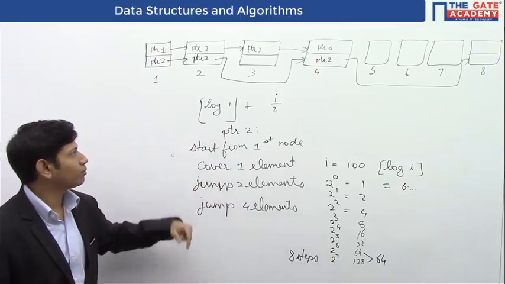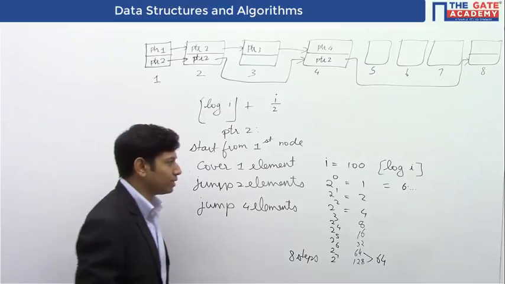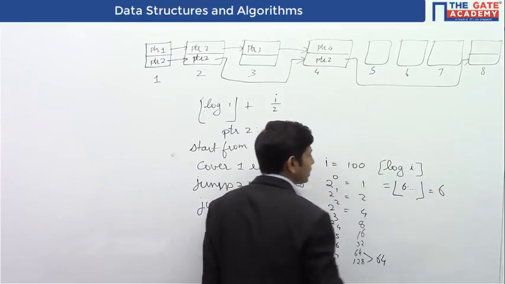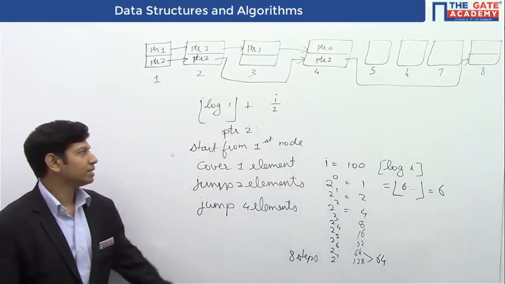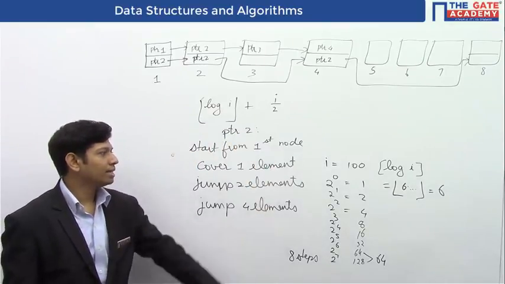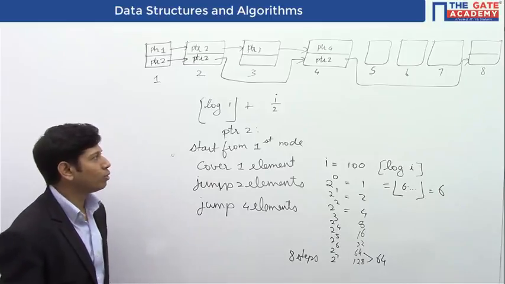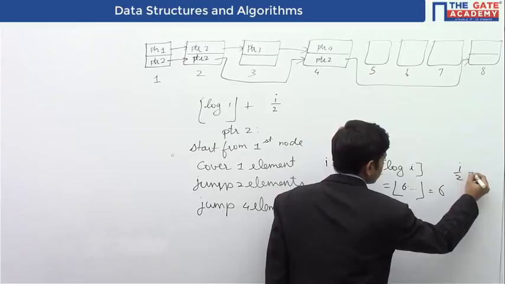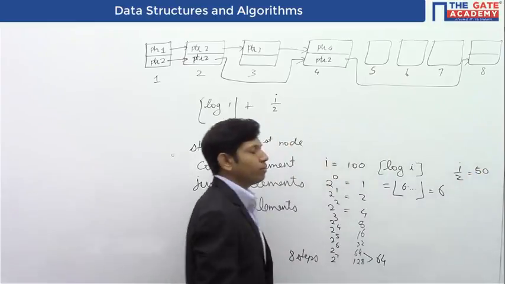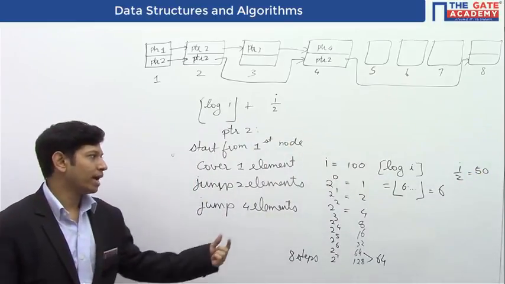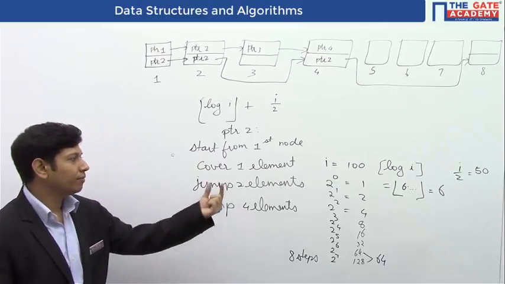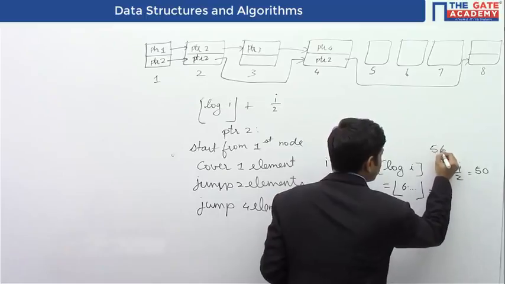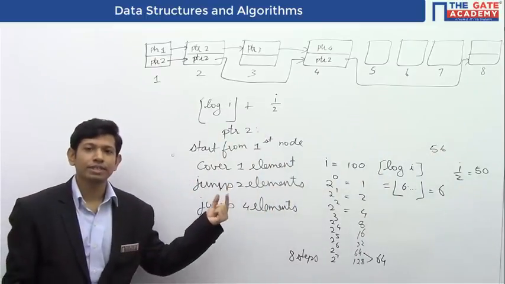They are saying that we have to take the floor value of 6 point something, so it will be equal to 6. Next thing that we have is I by 2. I is 100, so I by 2 will be equal to 50. Once we have these two values, their sum is 50 plus 6, which is 56. So we are allowed to make 56 moves.